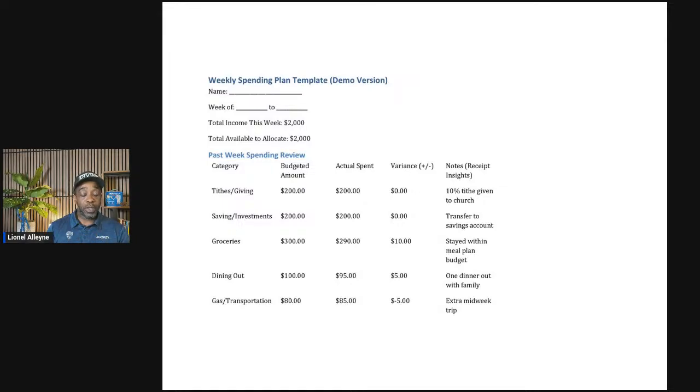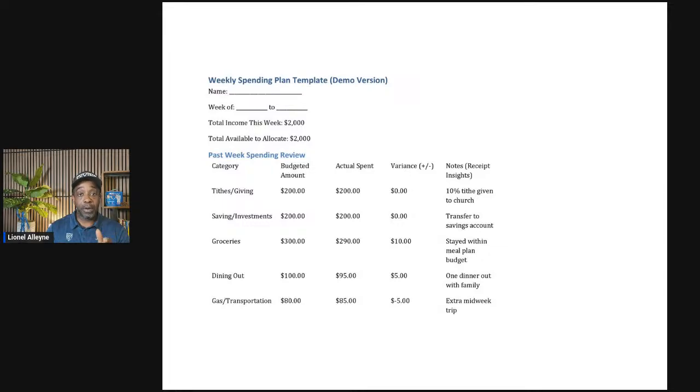All right, so we're looking at the spending plan document here, and this is where we would go through and take a look at the categories. Remember, it's designed with your budgeted numbers as the very first column. So that's what you wrote down last week in your plan. Now that you've gone through your receipts and statements, you have the second column, which is your actual numbers.